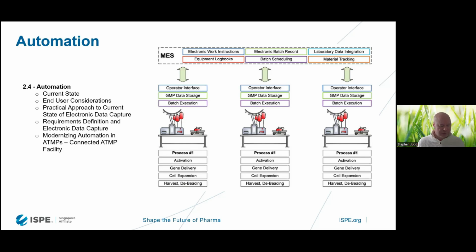One of the really critical aspects of cell therapy, particularly autologous cell therapy, is the chain of identity and the track and trace of the patient material.